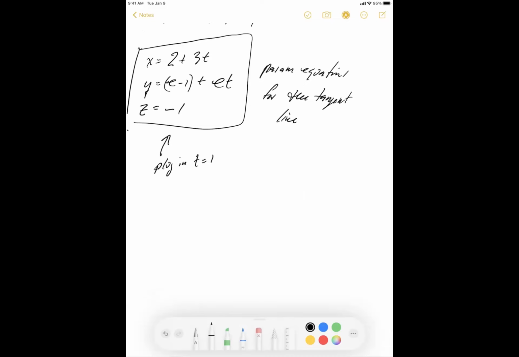We're going to get (5, 2e minus 1, negative 1). So that is the place that it will be 1 second after it leaves the curve. Questions?